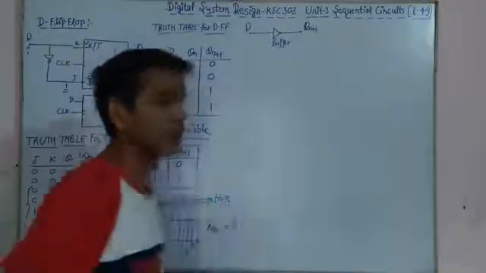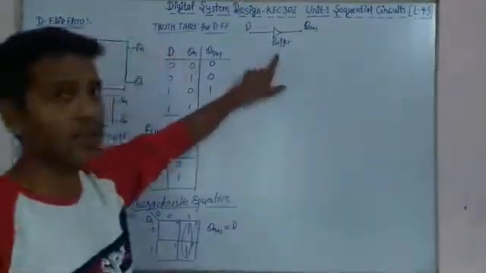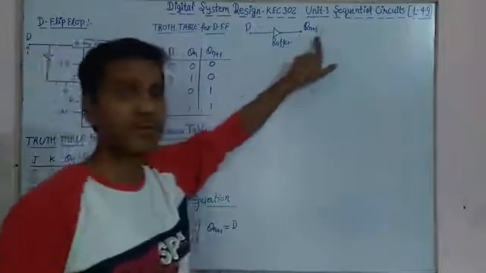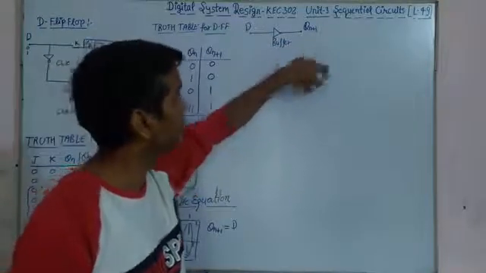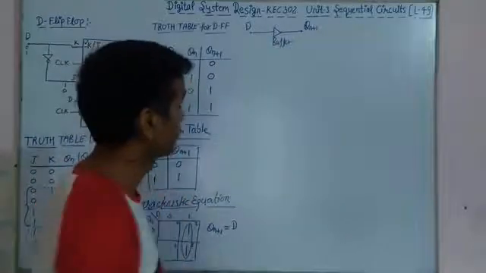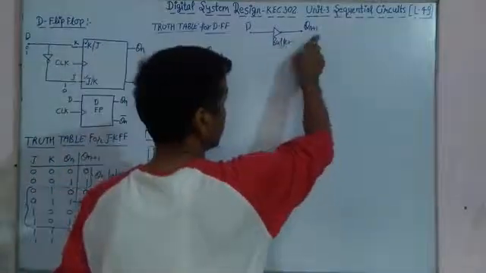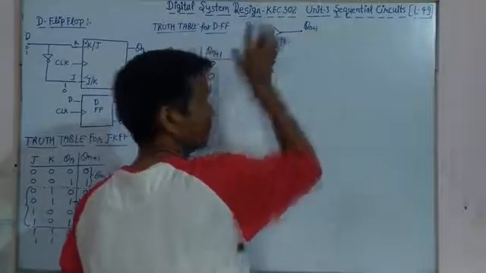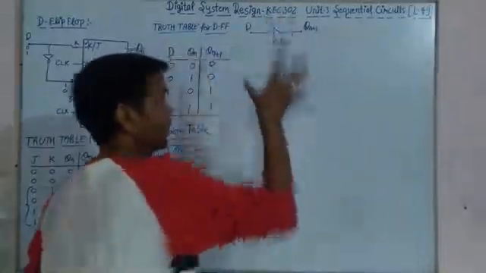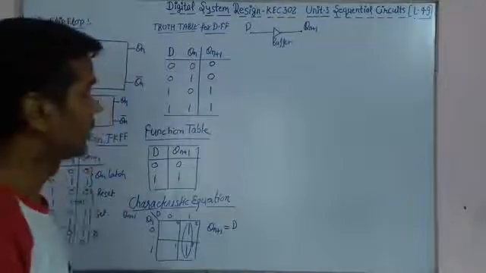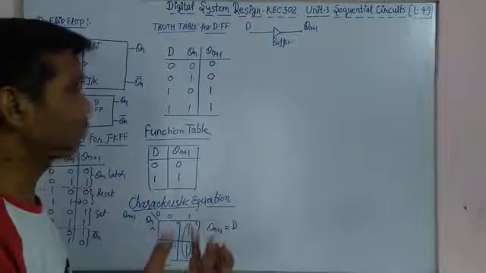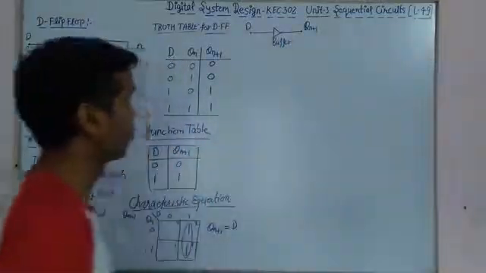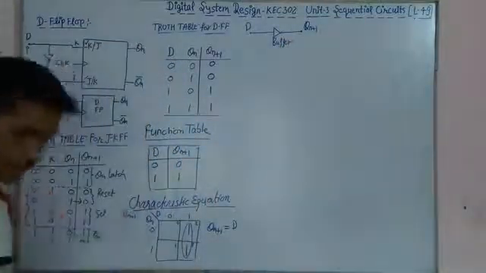It will hold data for some time and supply this data toward the output. Output you will get here after some time. So it will act as a buffer. It will hold data for some time and pass it to the output.